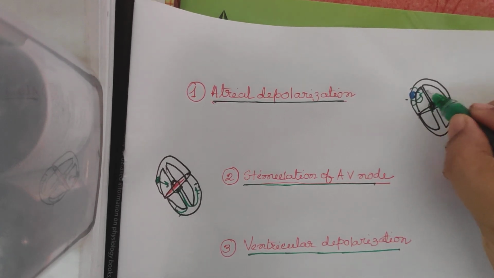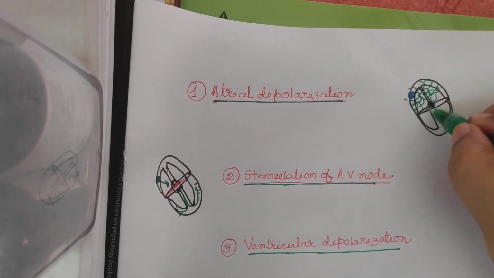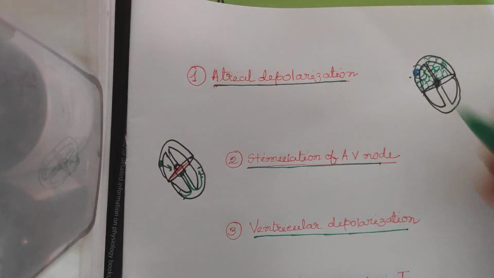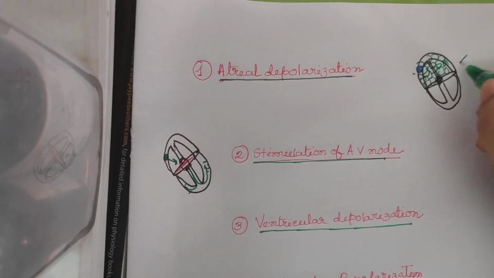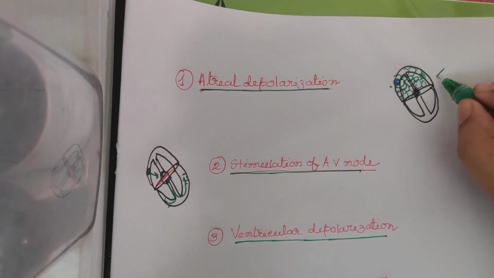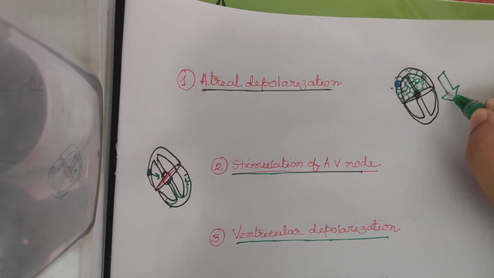When the electrical activity gradually moves towards the AV node, its direction is downward and to the left.